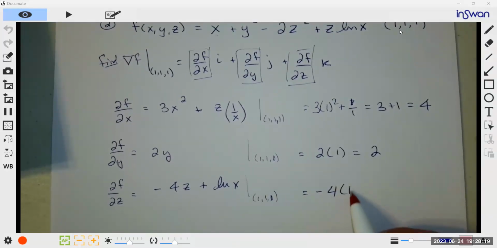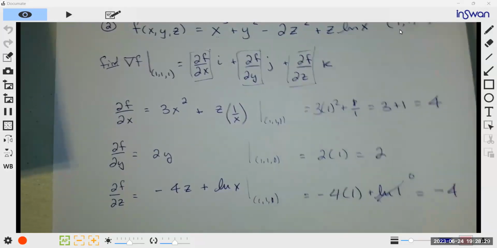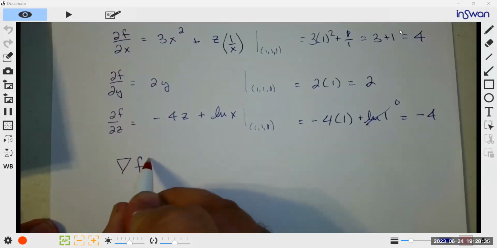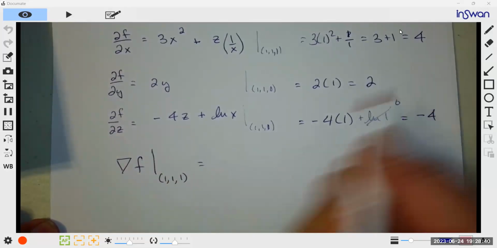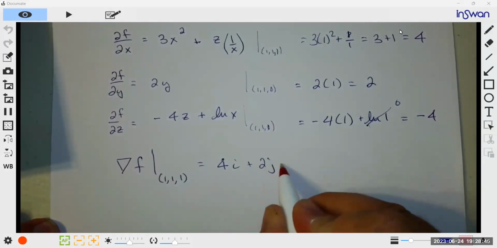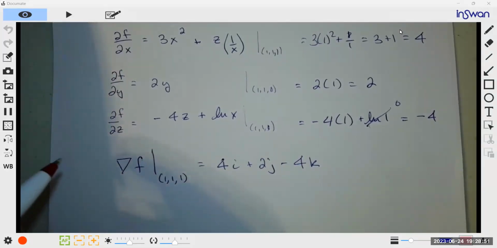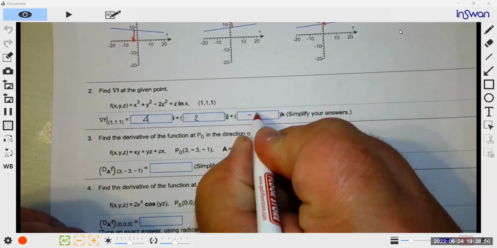Negative 4 times 1 plus ln of 1. ln of 1 is 0. So the answer is negative 4. So our del function at 1, 1, 1 is 4i plus 2j minus 4k. 4, 2, minus 4.